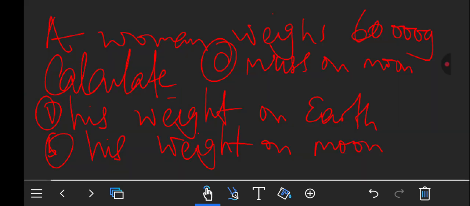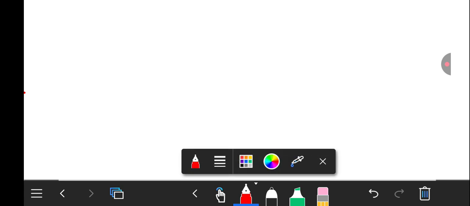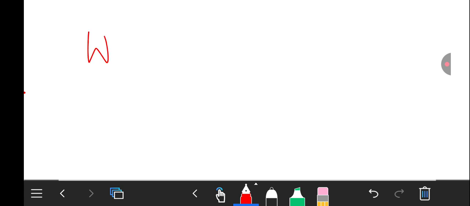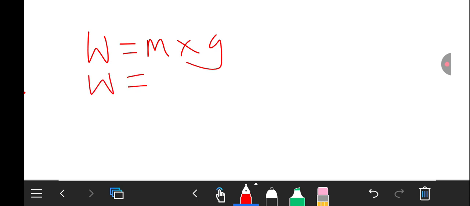So the first question, calculate his weight on Earth. So we apply the formula. We know weight is equal to mass times gravity. So weight will be equal to, what is the mass? The mass we've been given is 60,000.